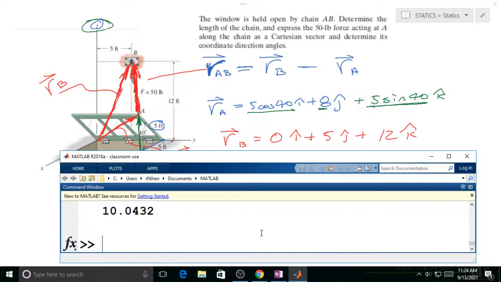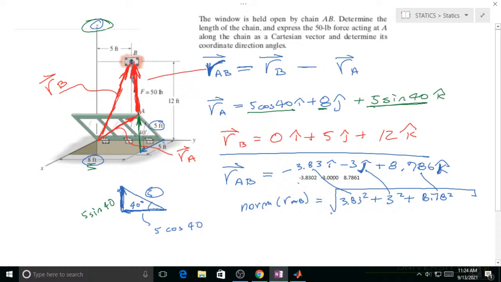A little bit more than 10 feet, 10.04 feet. I don't know. Oh, I can't, this is not a touch screen. So here, the length of the vector that goes from A to B. Did I say 10.4 or 10.04?